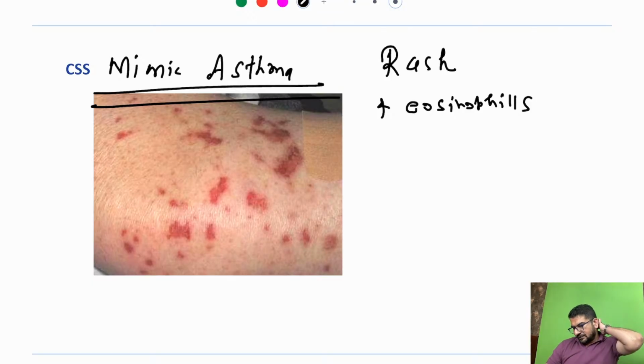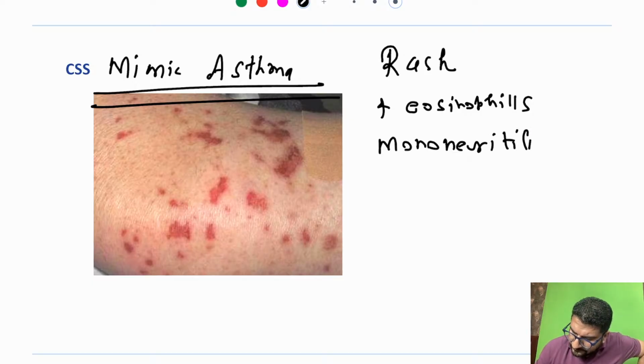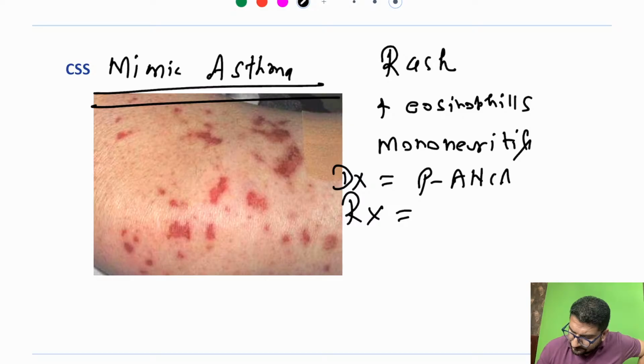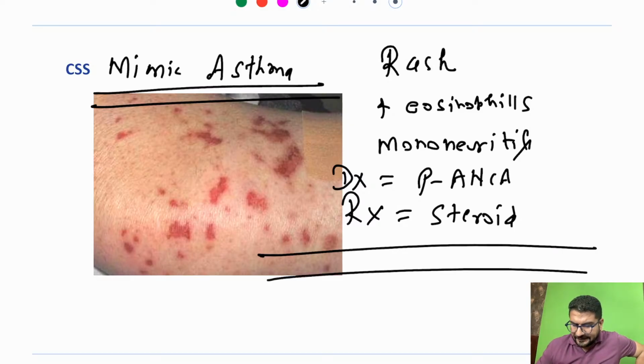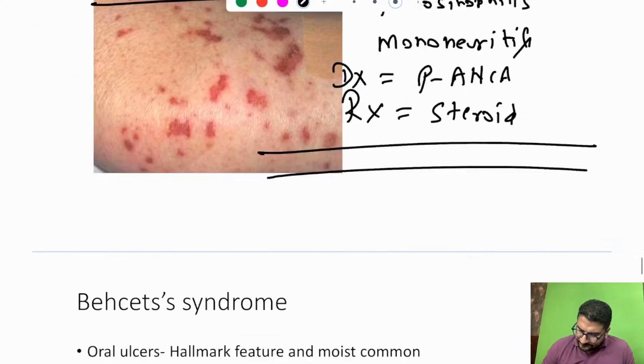And sometimes you will notice there is a mononeuritis, an asymmetric mononeuritis. So for diagnosis, what we need is P-ANCA, and in treatment, what we give is steroid. So basically, it is something which looks like asthma.